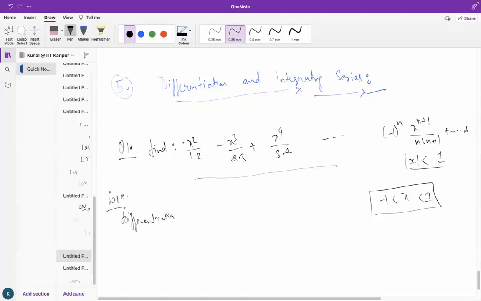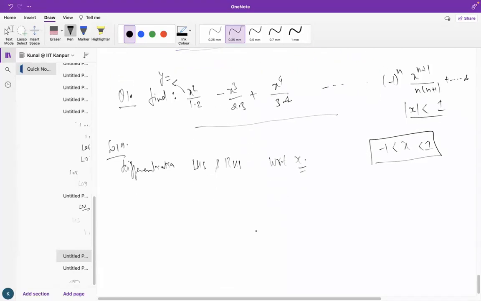Let me take it here first. It is something like y is equal to the given series. So differentiate LHS and RHS with respect to x. So this is the thing that you have to do here. When you differentiate this, you will get dy by dx is equal to 2x by 1 into 2 minus 3x square by 2 into 3 plus 4x cube by 3 into 4, up to infinity.